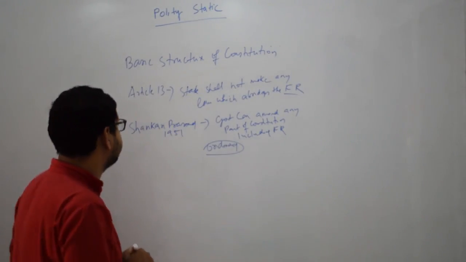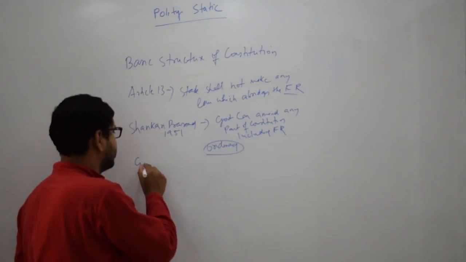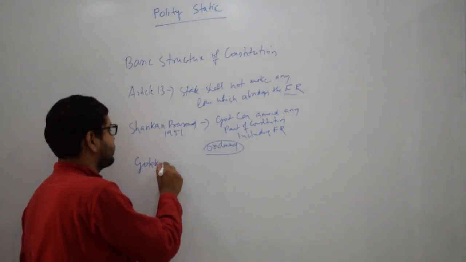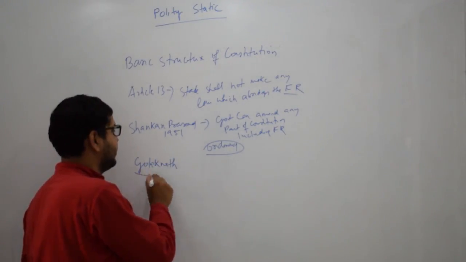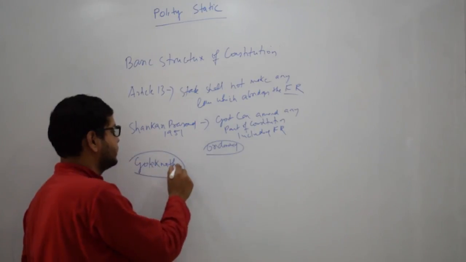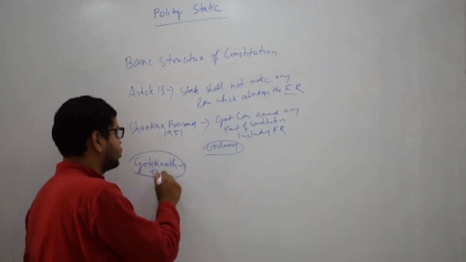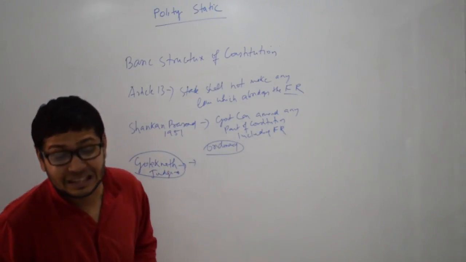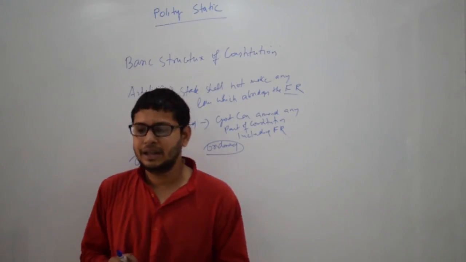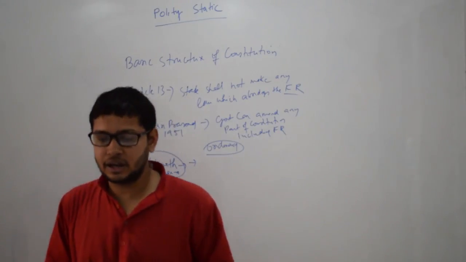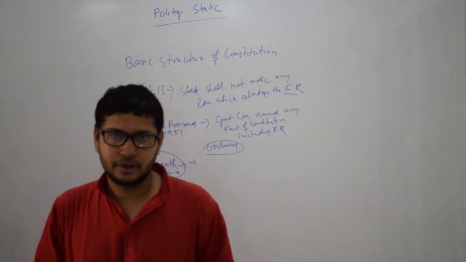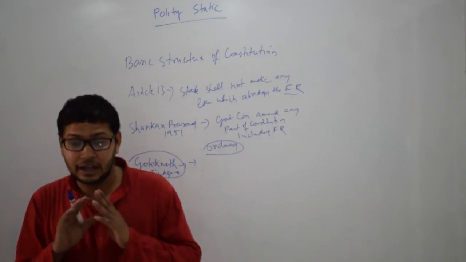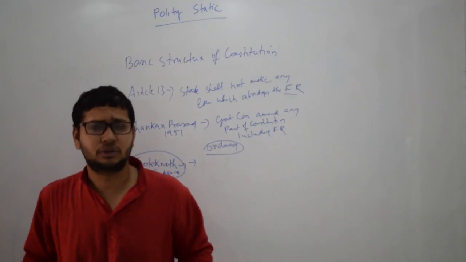The next Supreme Court judgment which dealt with the constitutional amendment power of Parliament is the Golaknath judgment, which we have dealt with earlier. It reversed the Shankari Prasad judgment and said that fundamental rights are immutable. They cannot be scrapped or amended by any kind of constitutional amendment.